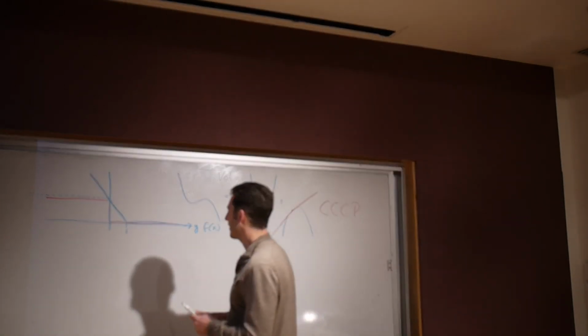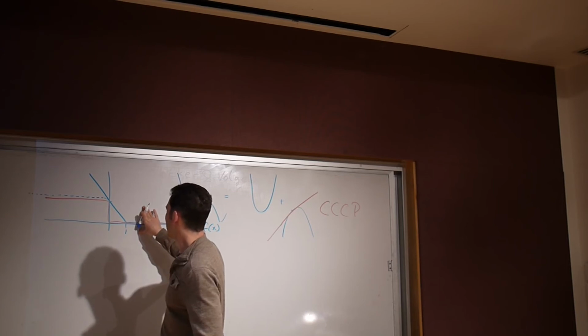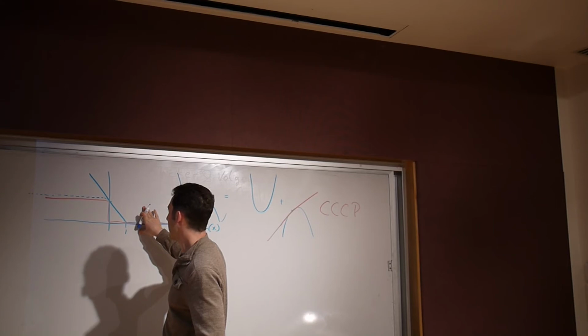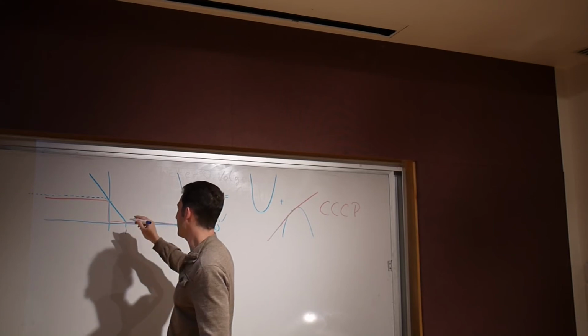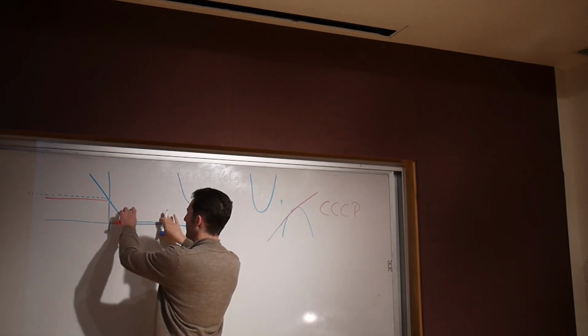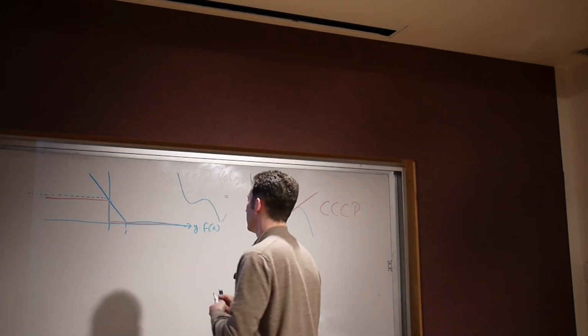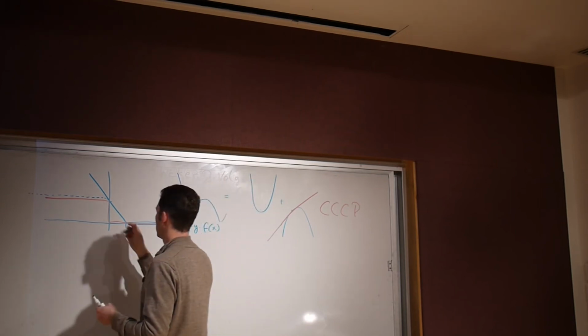But anyway, so now how do we decompose this into a convex and a concave function? Well, that's very easy. We just take this function here, and then we take as the concave part this here.